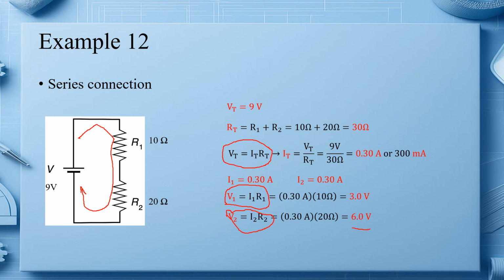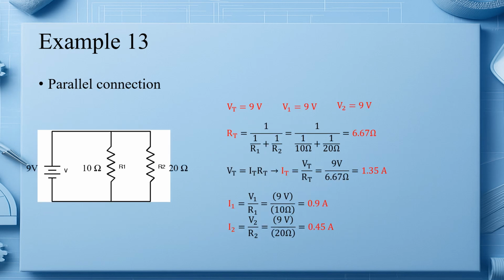If we sum this up, we have 9 volts, which is equal to our given total voltage. In case you're solving, check if the given total voltage is equal to your computed value.